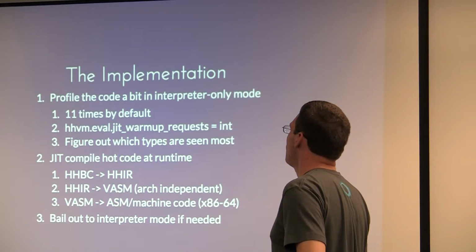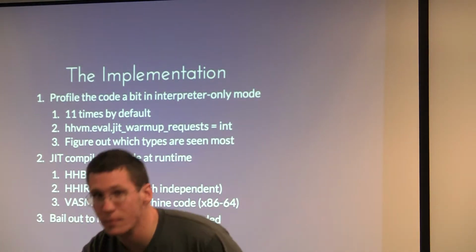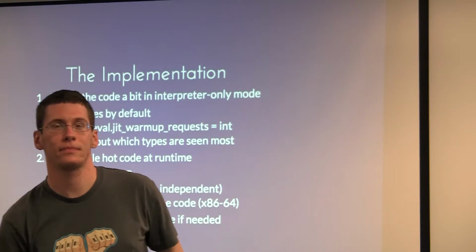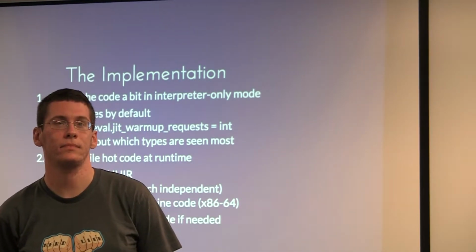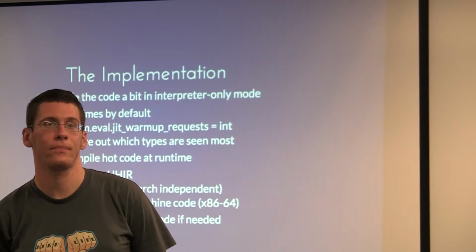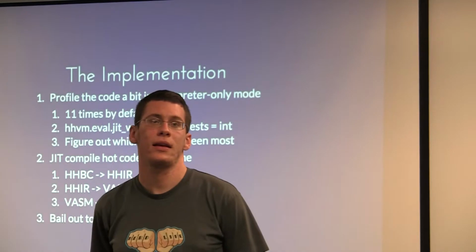I've got a question on that Go side too, if you don't mind. So I'm just curious, assembly code is very architecture dependent. So I'm wondering what the purpose of the step is. I guess VASM is what, virtual?